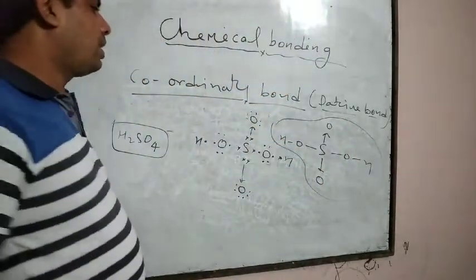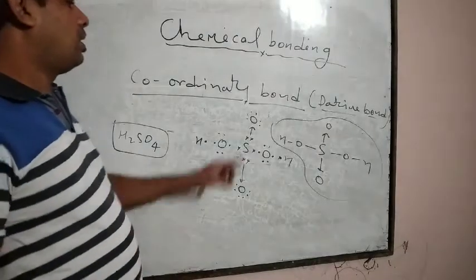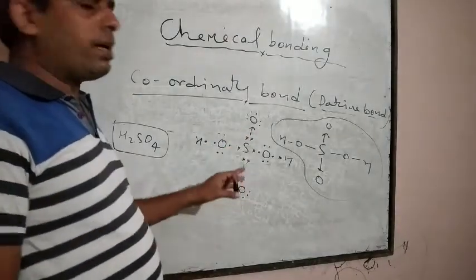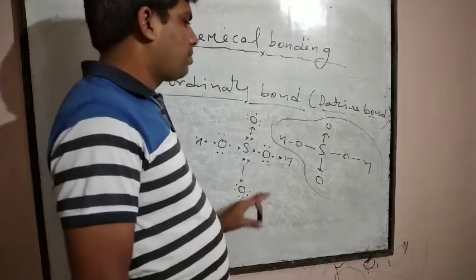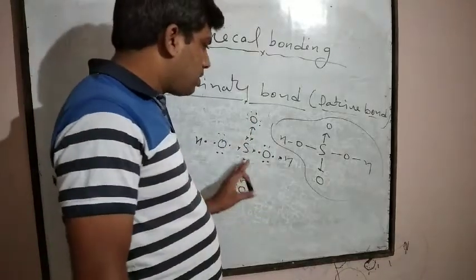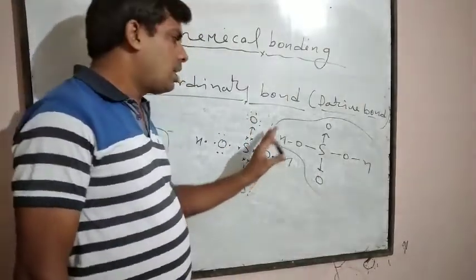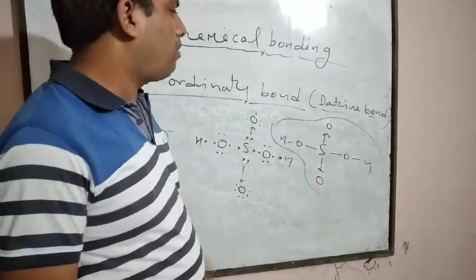This is the structure of H2SO4. Here coordinate linkage is formed between sulfur and the two oxygen atoms. This is the Lewis dot structure, and this is the structural formula of H2SO4.